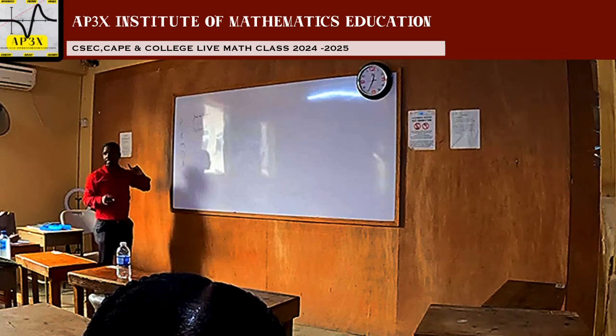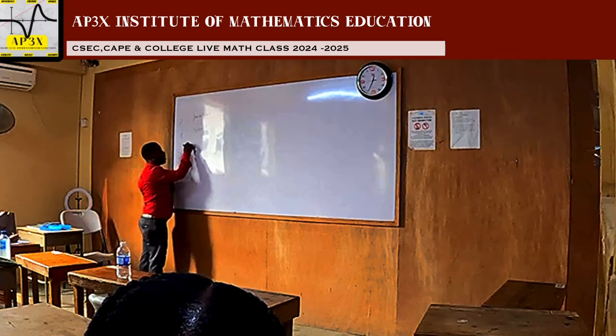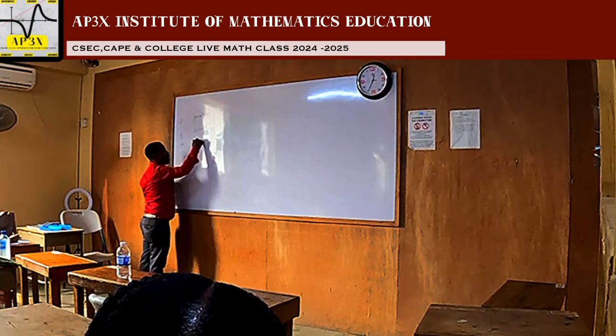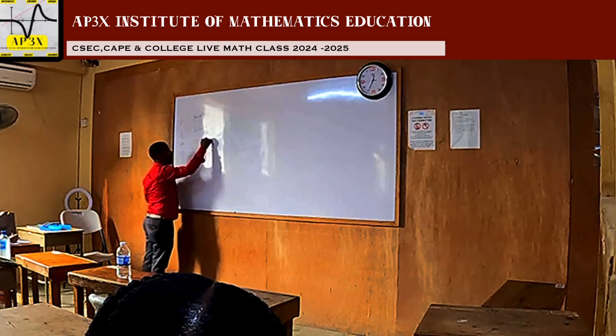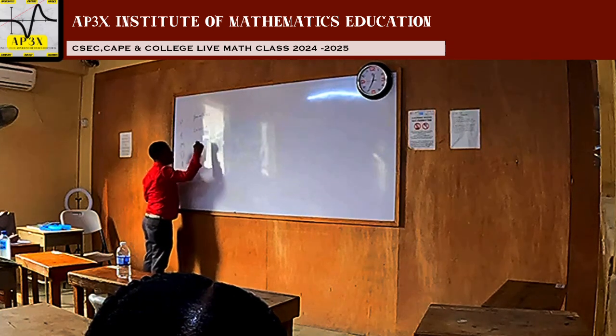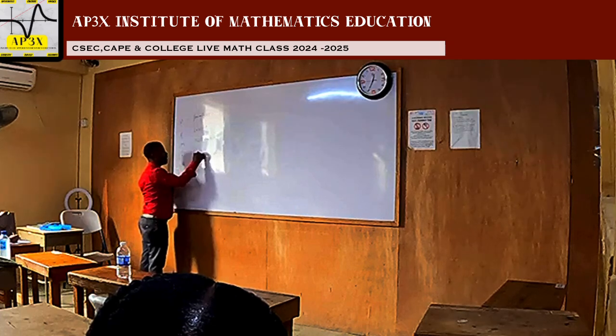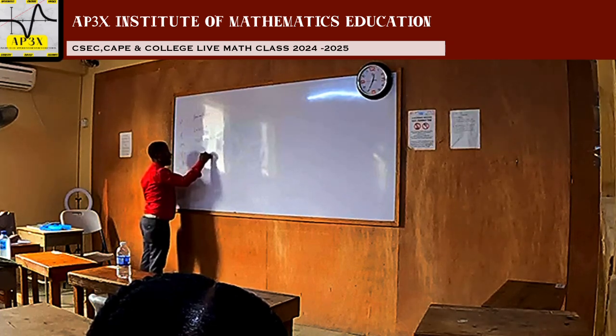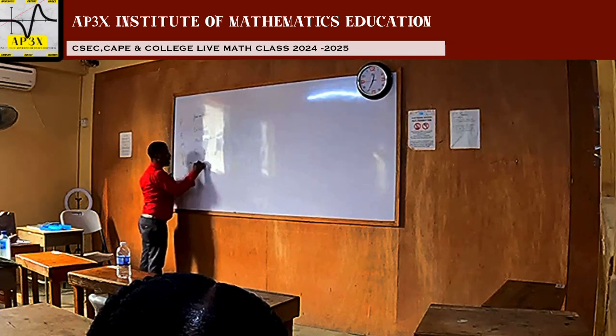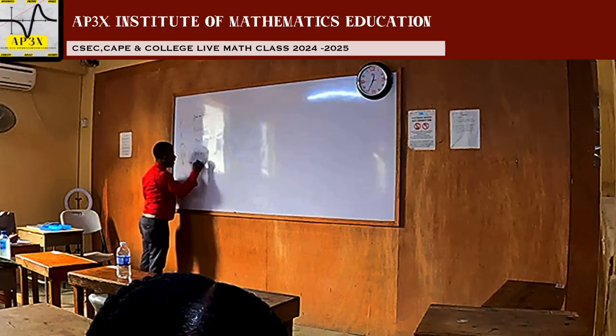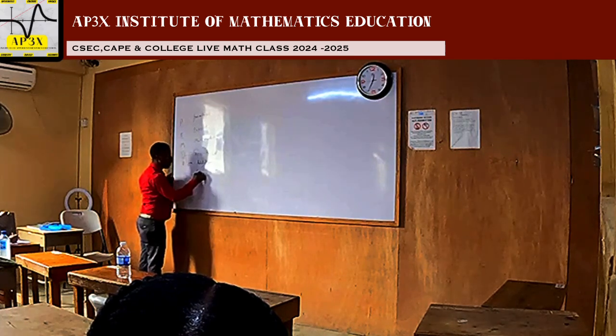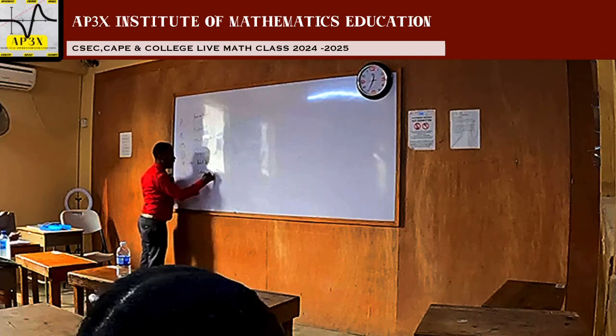That's what the E stands for. M obviously stands for multiplication. D stands for division. A stands for addition. And S stands for subtraction.